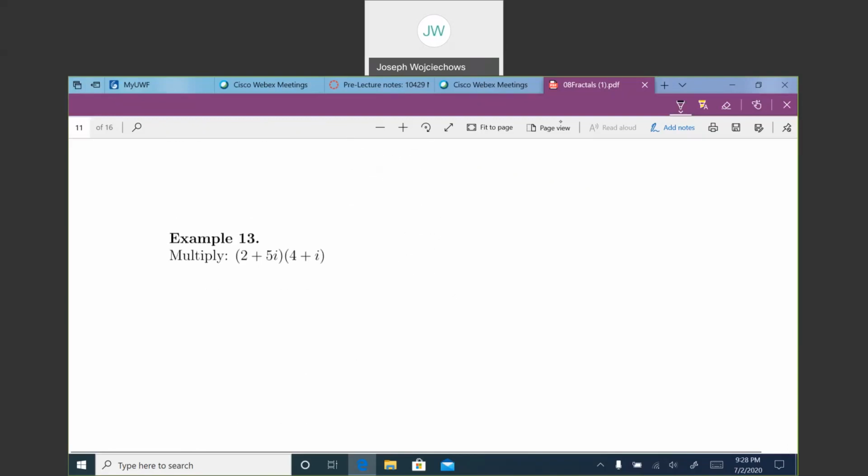Okay, now we have to use the FOIL method. So let's do this. 2 plus 5i times 4 plus i. FOIL method, FOIL. In case you forget, first times first.